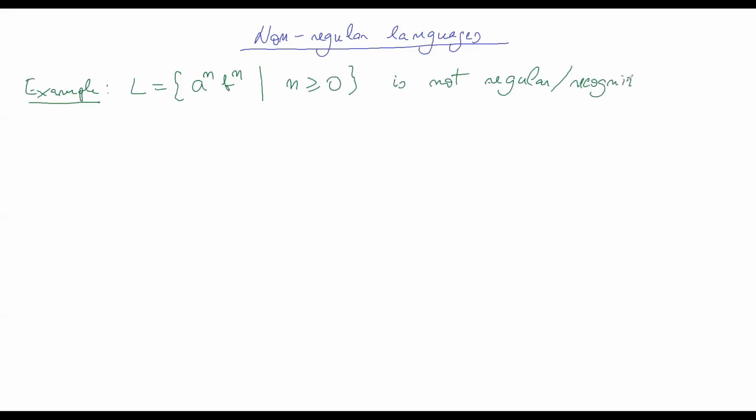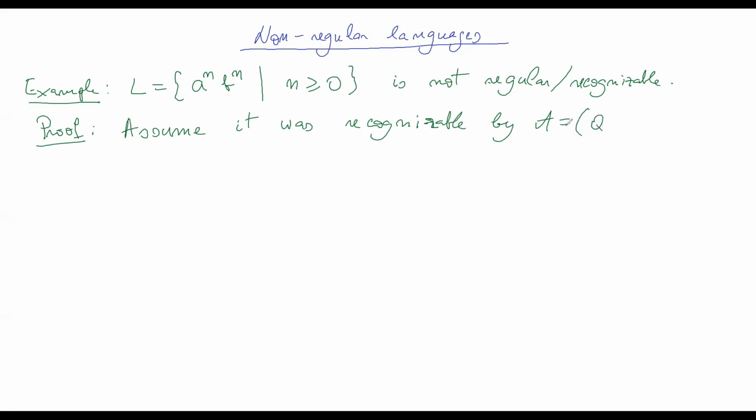I'm going to prove this for you in the following way. Let's assume that this was recognizable by some automaton A, and I can choose this to be a deterministic automaton.